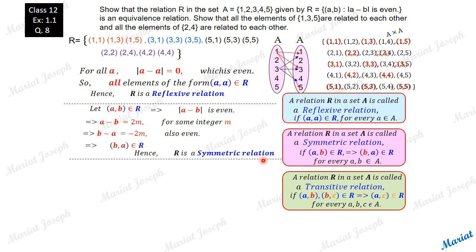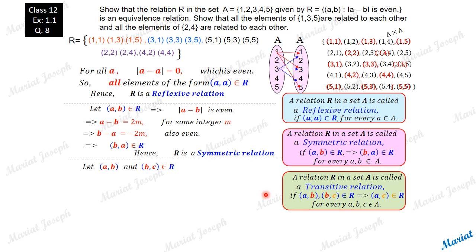Next, is it a transitive relation? Transitive relation also satisfies a conditional statement. If pairs of the form (a, b) and (b, c) are present, then it should imply that the pair (a, c) also belongs to the relation.